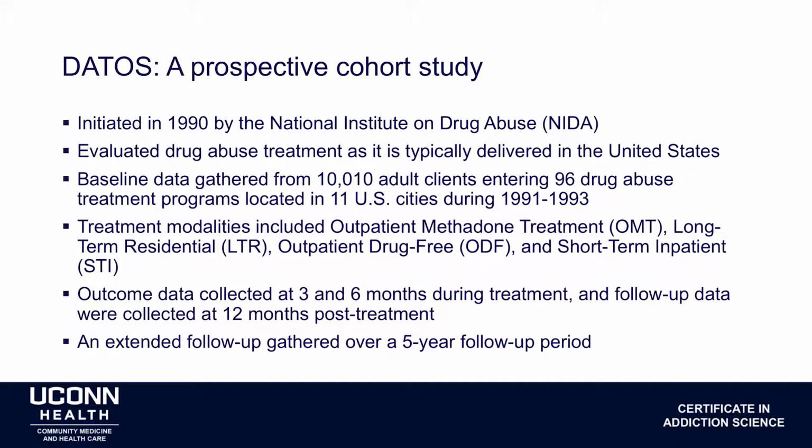So we have 4 different types of treatment, and we can track cohorts over time in terms of how they responded to those treatments. The outcome data were collected 3 and 6 months after the baseline evaluation was conducted when they came into treatment, as well as 12 months and 5 years following their exposure to treatment.